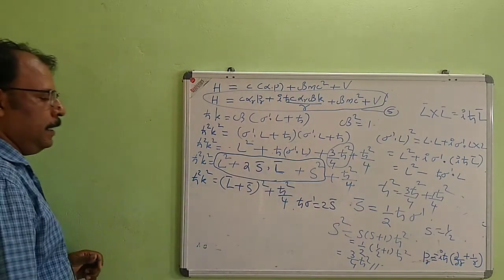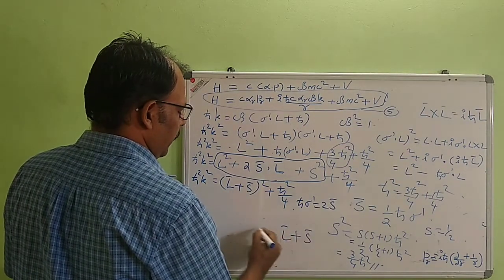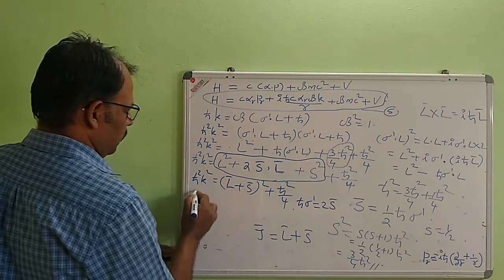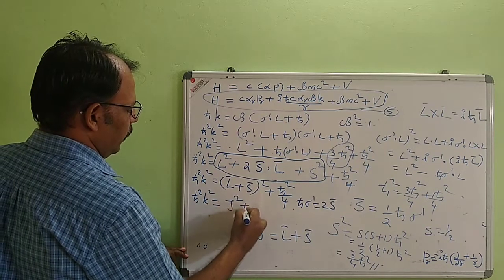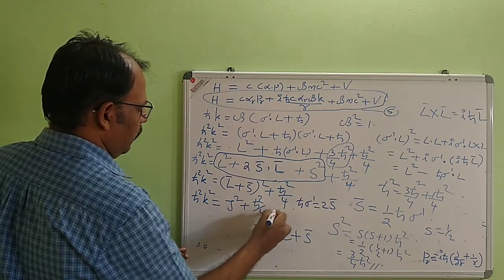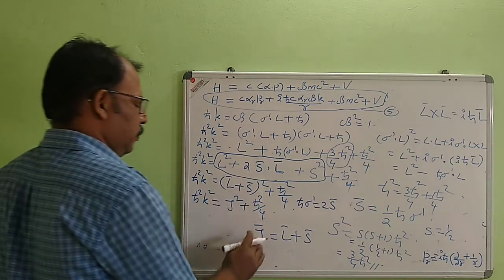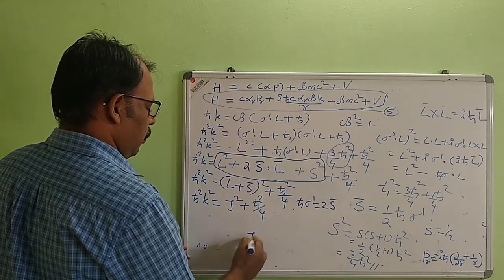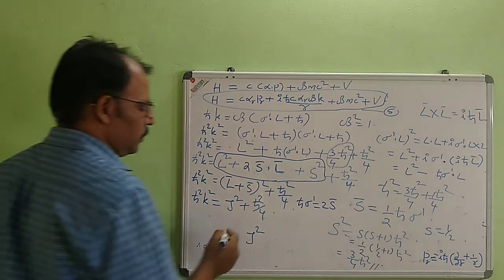L plus s is orbital angular momentum plus spin angular momentum, that is total angular momentum j. So h bar square k square is equal to j square plus h bar square by 4. Now we already determined the eigenvalue of total angular momentum operator j.